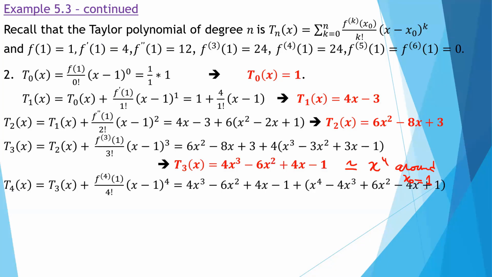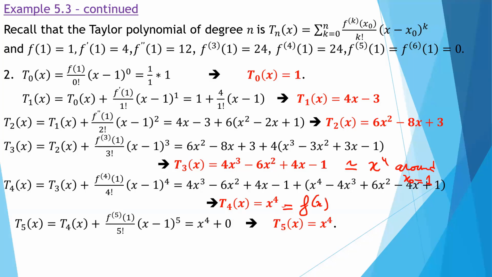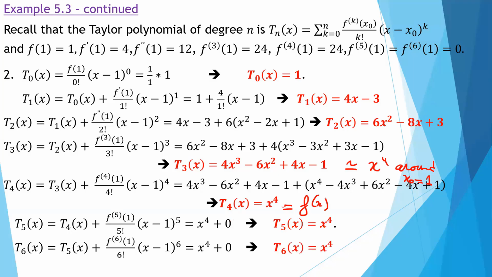What is T4? We see that T4 is f. So the best approximation of x to the power 4 by a polynomial of degree 4 is itself. And all higher approximations will be the original function f, since f is a polynomial of degree 4.